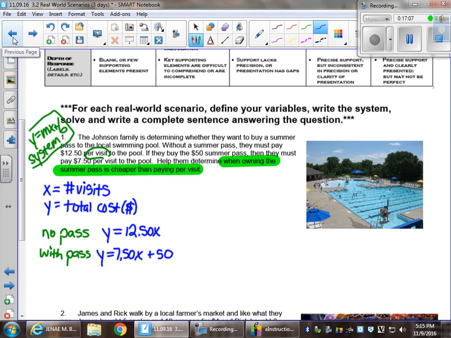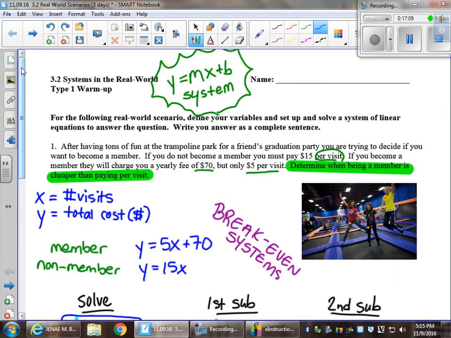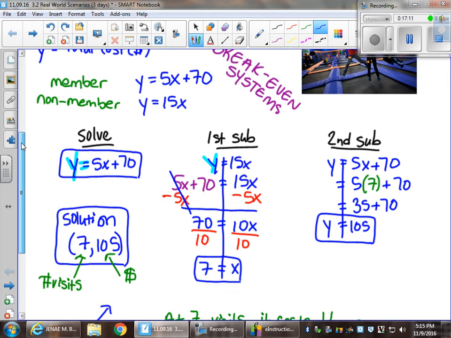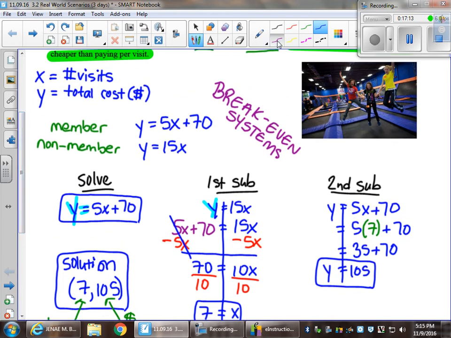Now, I would like to point something out on the warm-up worksheet. In last week's notes, I mentioned that when we have a break-even system, where they're both solved for y, y equals, y equals. So if these two are equal, then these are equal. And I mentioned that if you're comfortable with just jumping to setting the two equations equal, go ahead and do that.